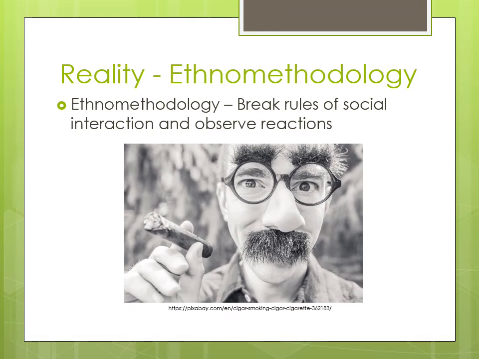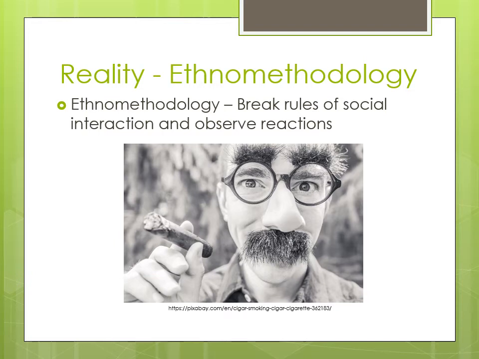And so ethnomethodology in sociology is one of the ways that we study reality. Ethnomethodology is when sociologists break the everyday rules that people have to follow, and then observe the reactions. Usually it's the breaking of small rules.